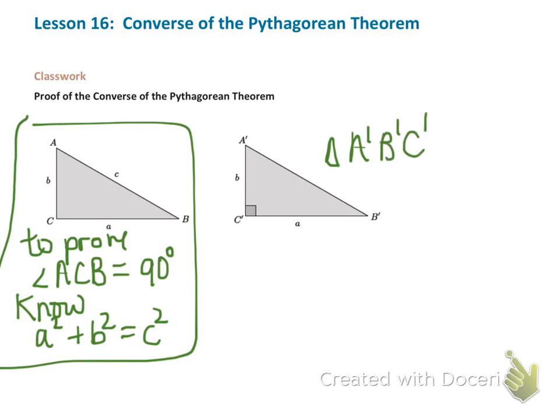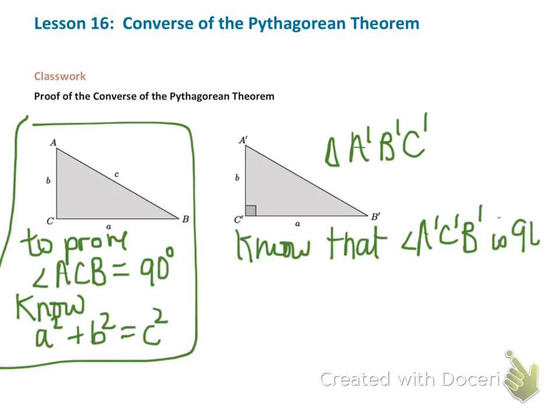In this one, we know that angle A prime, C prime, B prime is 90 degrees, but we don't know this relationship about a squared, b squared, and c squared. I mean, we don't know what this length is here.